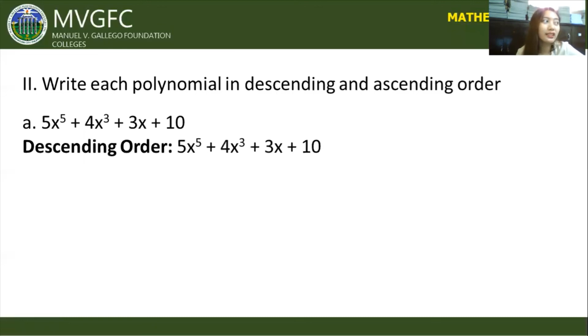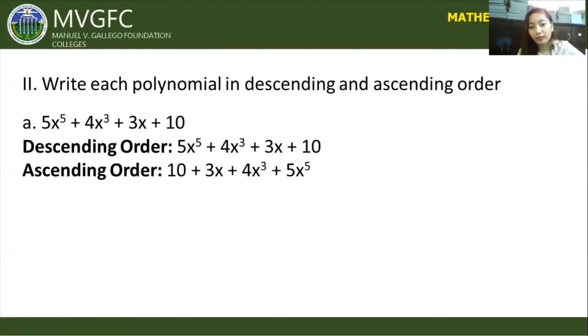So for descending order, we have it as is. When we're talking about descending, it means from highest to lowest. Descending, in Tagalog, pababa siya. And ascending is starting from the smallest up to the highest.